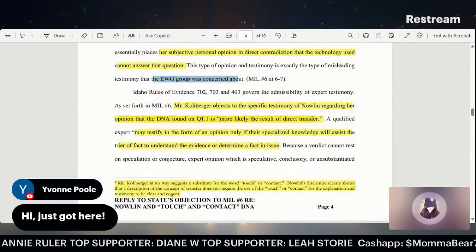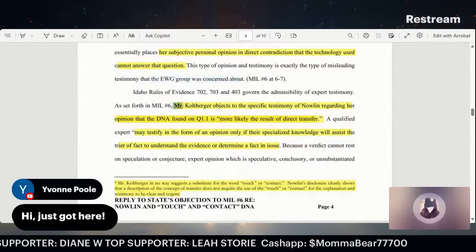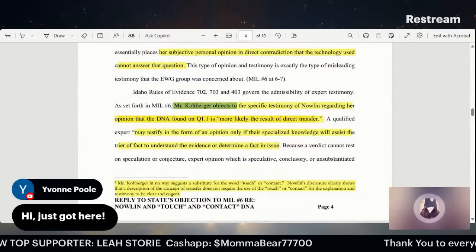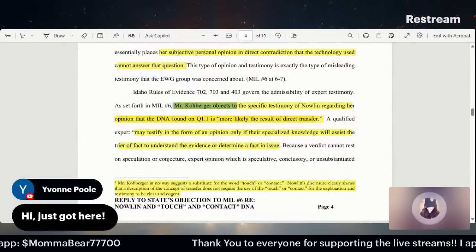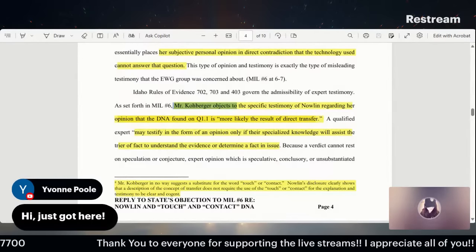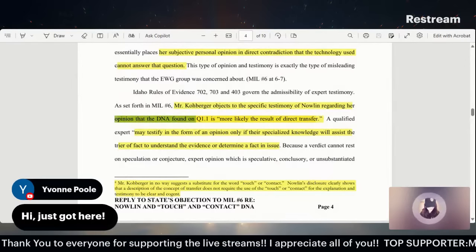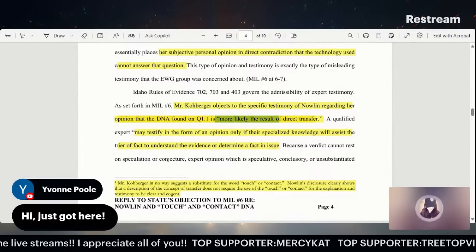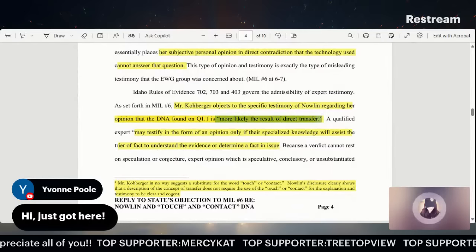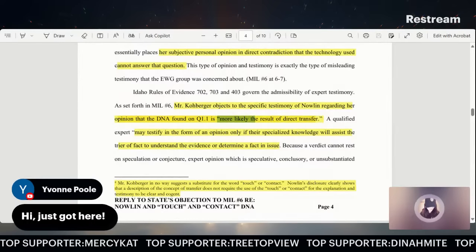As set forth in motion in limine number 6, Mr. Kohberger objects to the specific testimony of Nowlin regarding her opinion that the DNA found on Q11 is, quote, more likely the result of direct transfer.